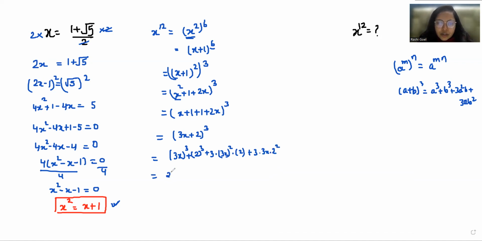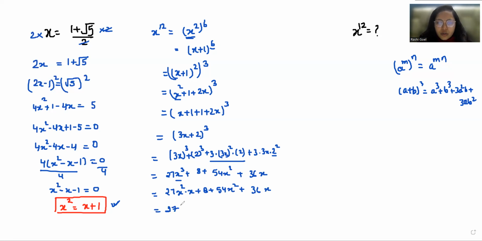So this gives us 27x cube plus 8 plus 3 square is 9, 9 times 6 is 54x square, plus 2 square is 4, 4 times 9 is 36x. Now 27x cube, we can write it as x square times x, plus 8 plus 54x square plus 36x.